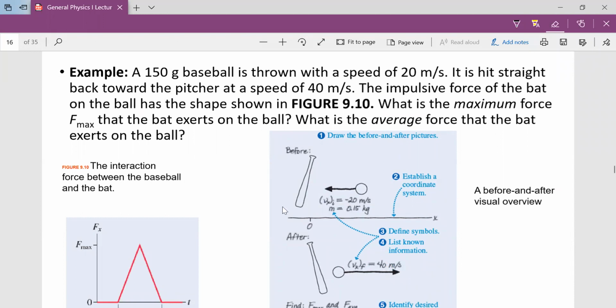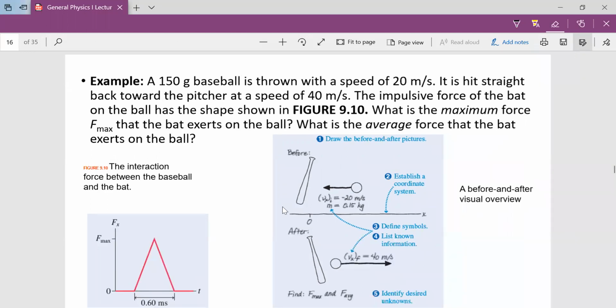The first one we'll be looking at today is the example of the baseball. All right. So we have a 150-gram baseball thrown with a speed of 20 meters per second.